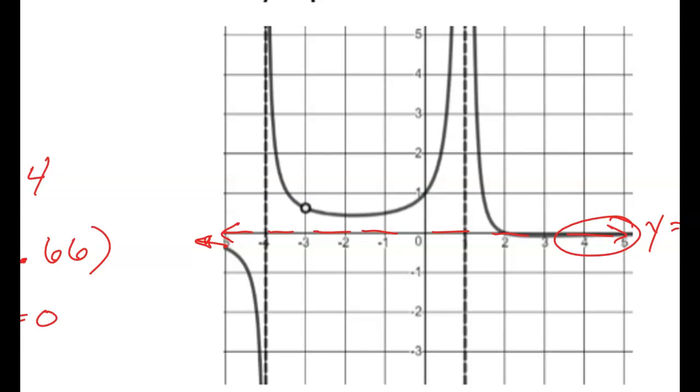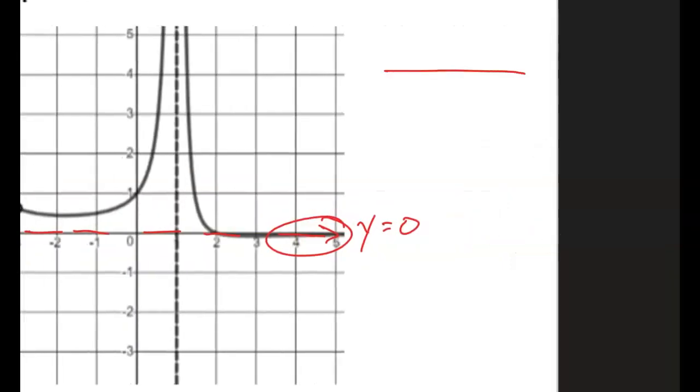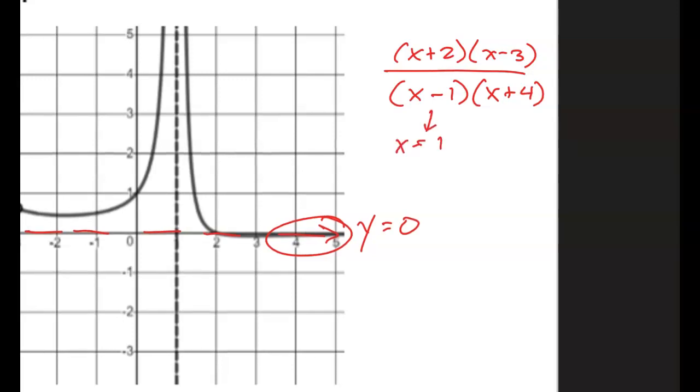The zeros of the function. If I had this, what creates the asymptotes? Oh, the denominator. These zeros of the denominator. So I have one asymptote at x equals 1, and the other at x equals -4.